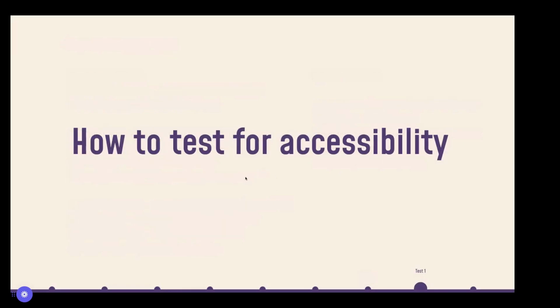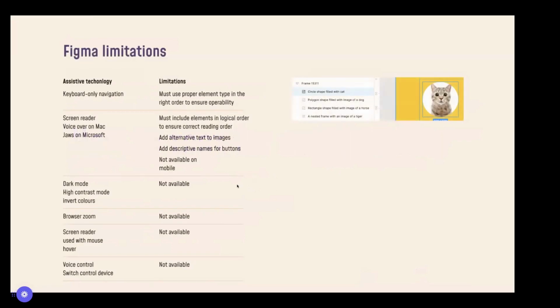Let's see how this testing for accessibility is posing new challenges. We need to start with the Figma limitations. Once you want to test something as designers, you start to create your prototype.